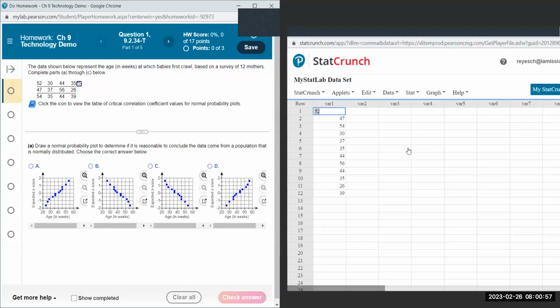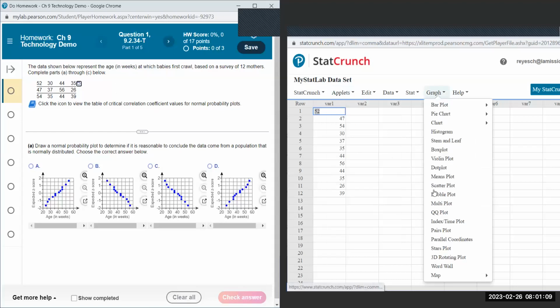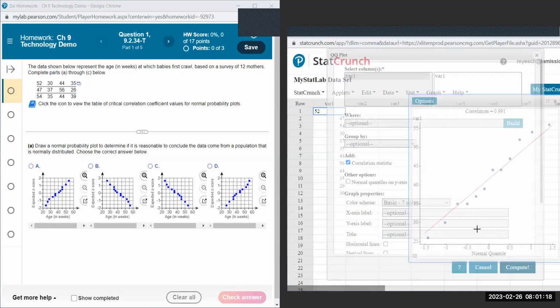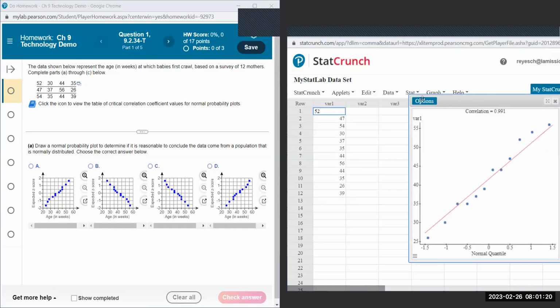They gave us the table of critical correlation coefficients to compare against, to see if we have a stronger relationship than what's required from the table. So we go to Graph, QQ plot, variable 1. Let's add the correlation coefficient, compute. So let's see what this is.